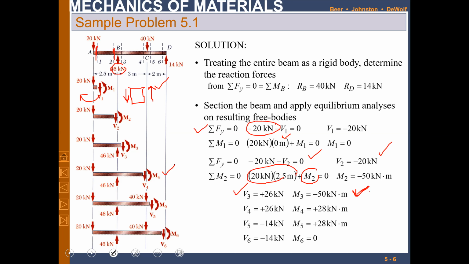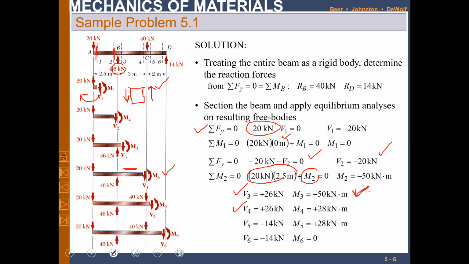For M4, there is a significant length of 3 meters involved, over which this 46 load is being applied. So now we will consider that. Shear is straightforward. It will have the same shear, because in this particular region there is no further force applied. So 46 minus 20 will remain the same, that is 26.